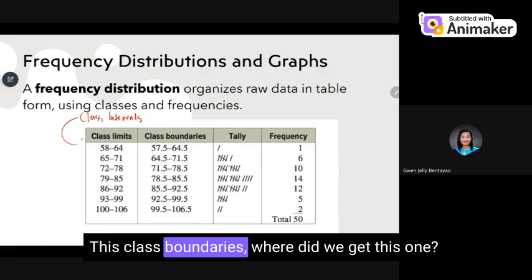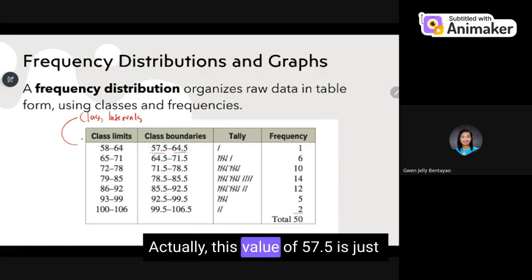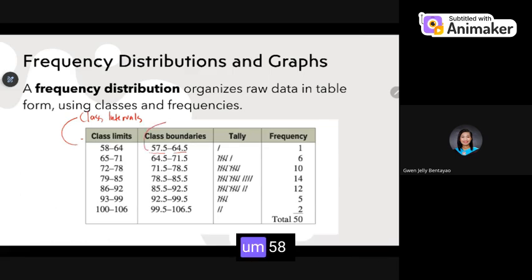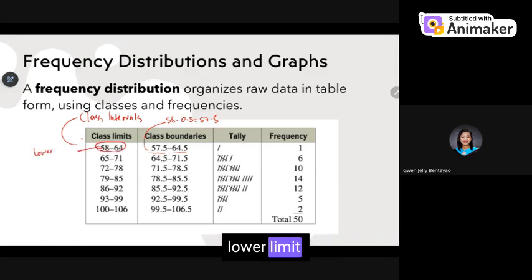These class boundaries, where did we get them? Actually, this value, 57.5, is just our 58 minus 0.5, and that's 57.5. So in class limit, there's what we call the lower limit and the upper limit.